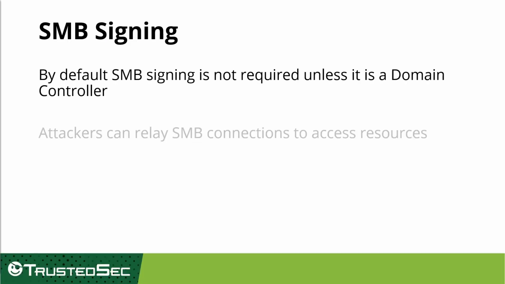Another thing we see on engagements is the lack of SMB signing. By default, Windows does not require SMB traffic to be signed. The only exception is domain controllers. They require SMB signing in order to verify who they're talking to.